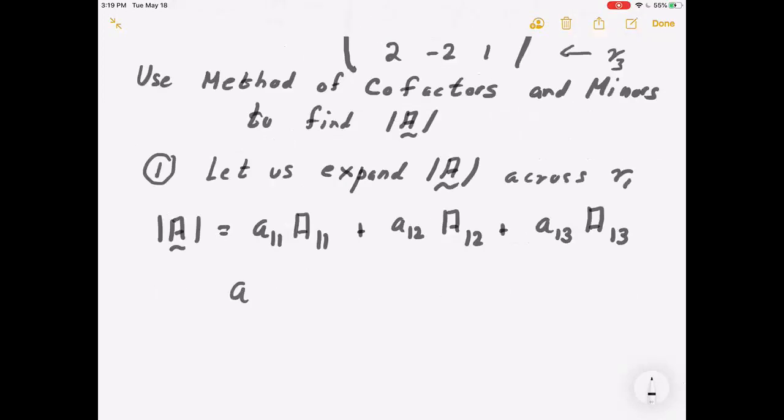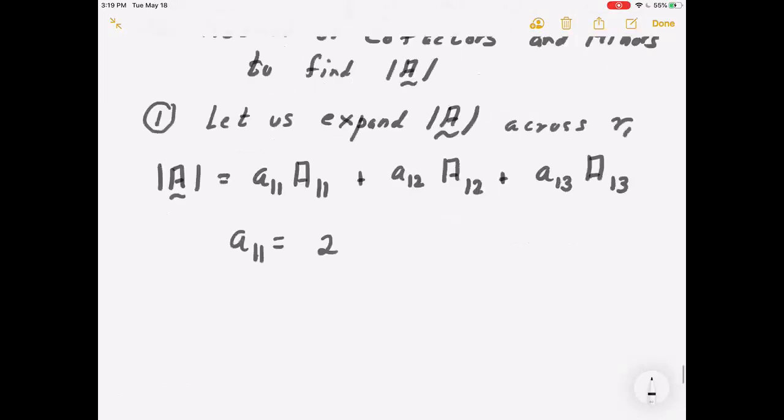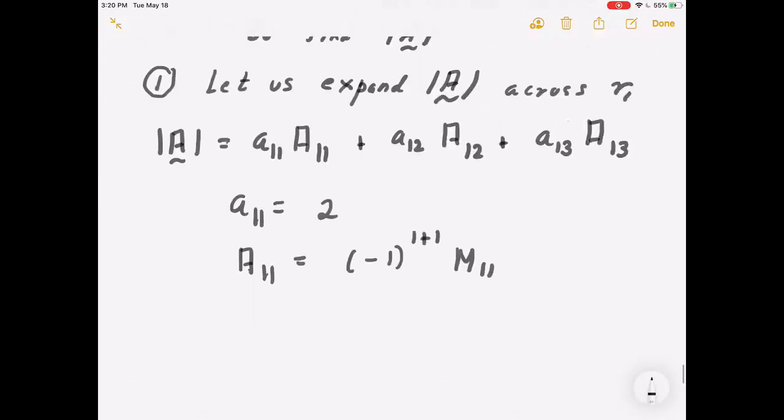Okay, what's a sub 1,1? By inspection, it's just 2. What is the cofactor A sub 1,1? Well, by definition, it's minus 1 raised to the 1 plus 1 power times the minor M sub 1,1.